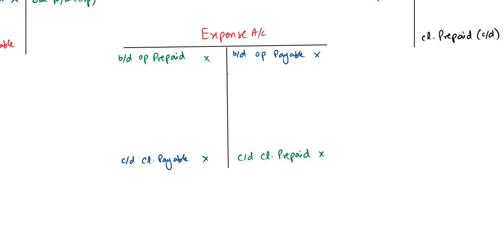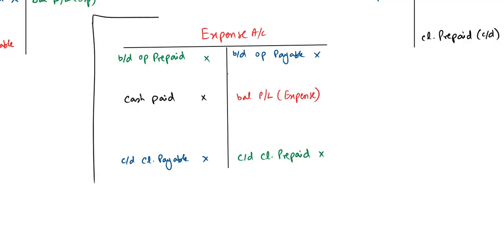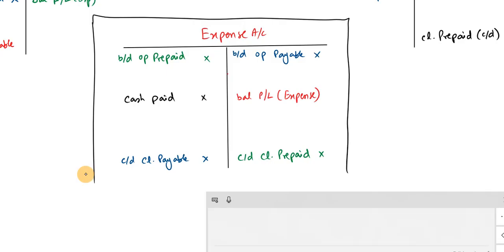The total cash paid in case of accrued and prepaid will be written on the debit side, and the balancing amount will go to the profit and loss account as an expense. So this is the complete format related to the accrual and prepayment expense.